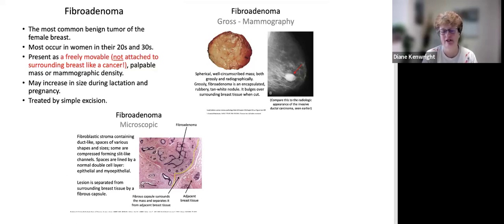It feels like a freely mobile ovoid mass that can increase in size. Mammography reflects its distinct outer borders, and the key words that we use when describing it are compressed duct-like spaces in a fibrous stroma.